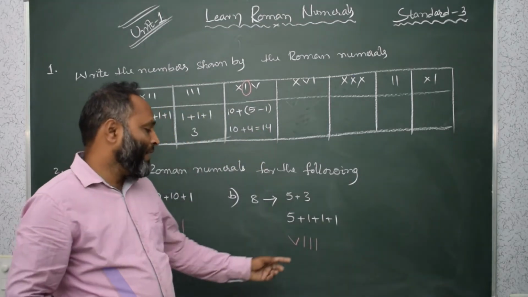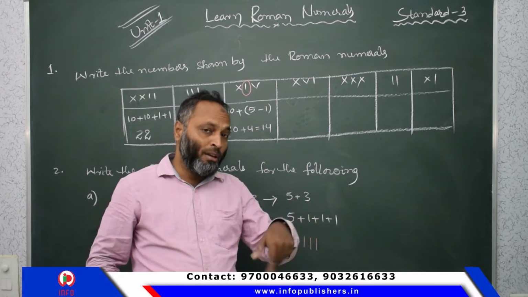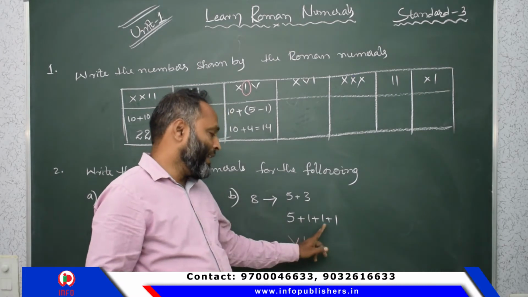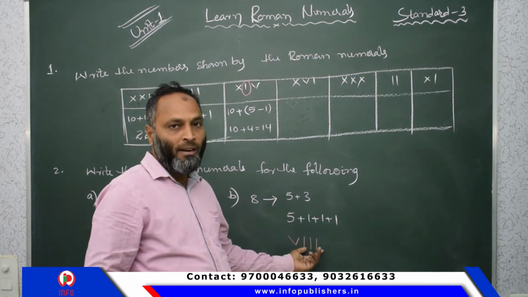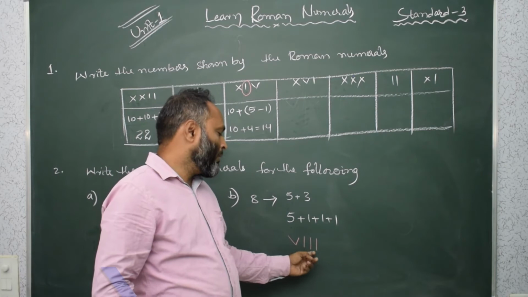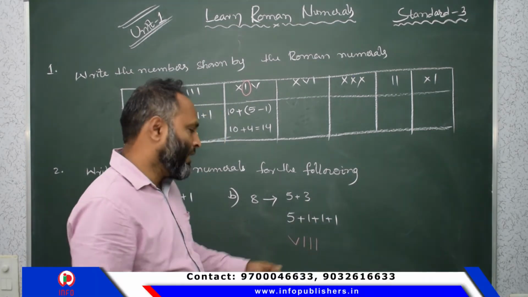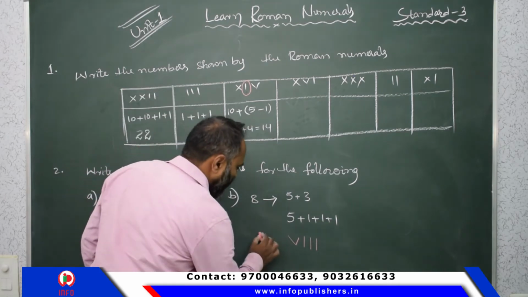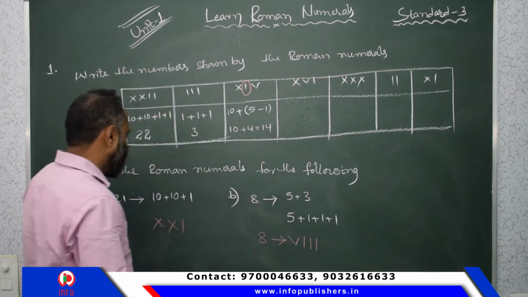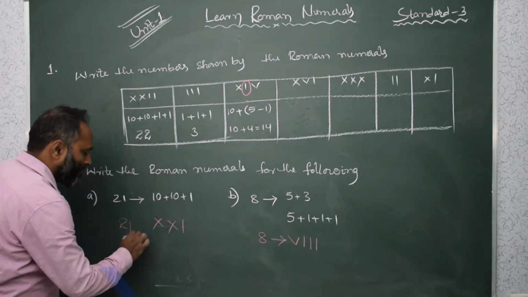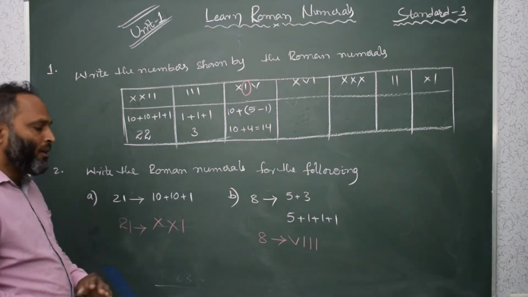Here I repeats 3 times. Whenever the Roman numeral repeats, it means addition. Here addition is there, so you have to take it like this. And these smaller Roman numerals on the right side of the bigger Roman numeral mean addition. Then this is the representation of 8. This is the representation of 21 in the Roman system.